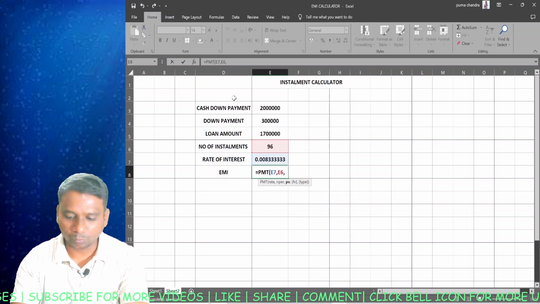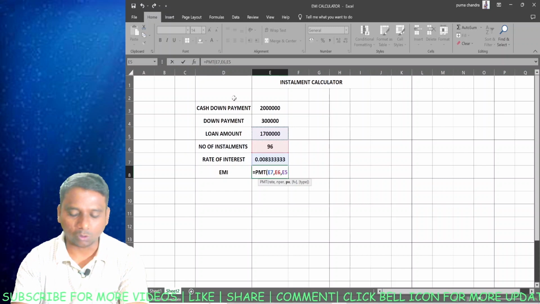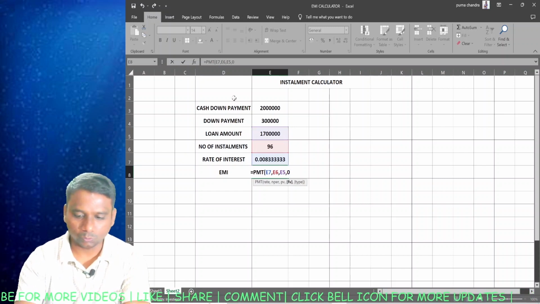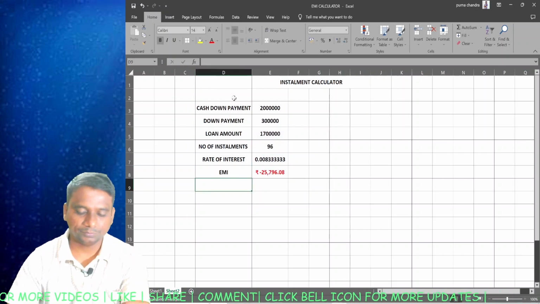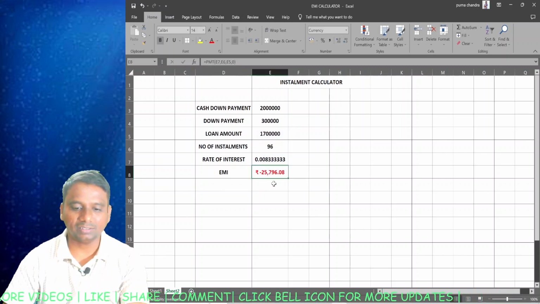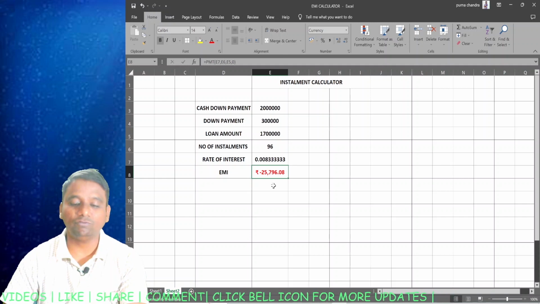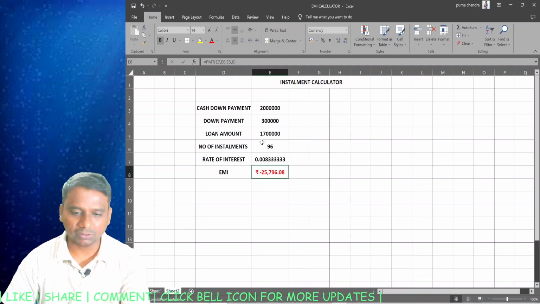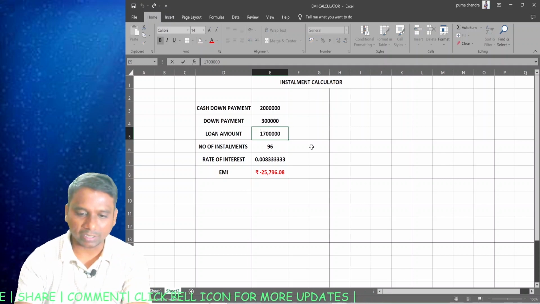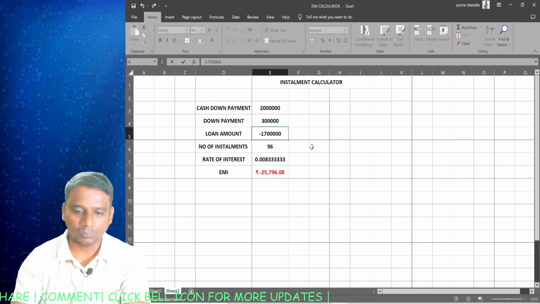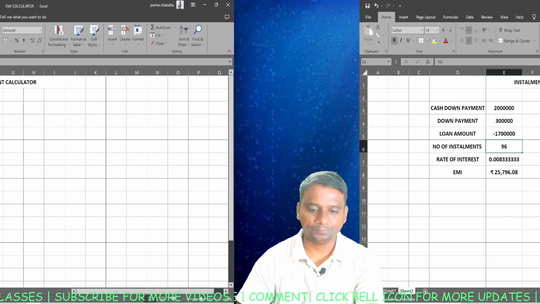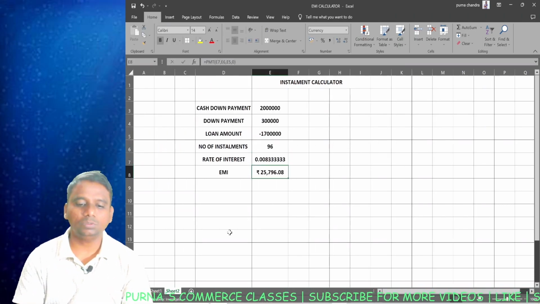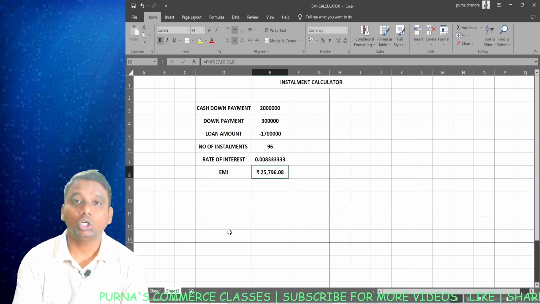And it is asking present value, that means loan amount, comma, future value we don't know, make it 0. So enter. Here you are getting minus, that means every month EMI how much? 25,796 rupees 8 paisa. Here you are getting minus, so make the loan amount minus. Okay, now that means every month how much amount you have to pay?